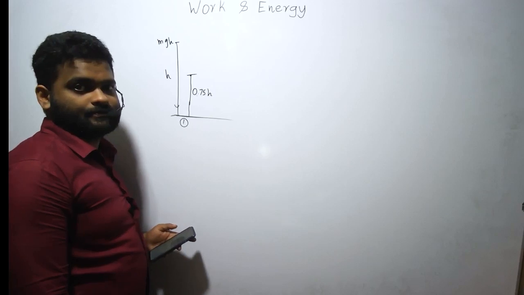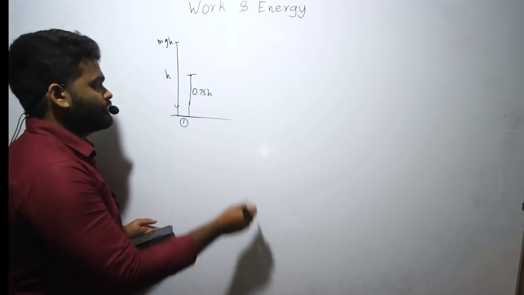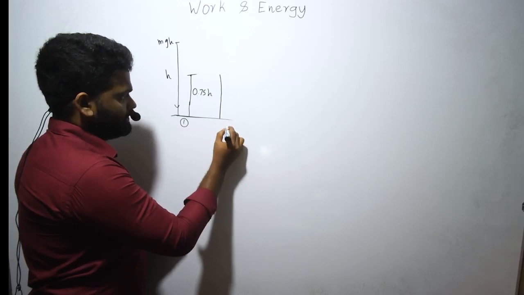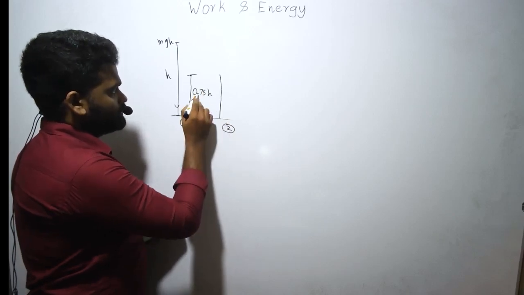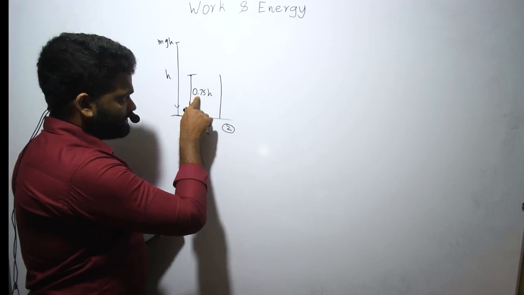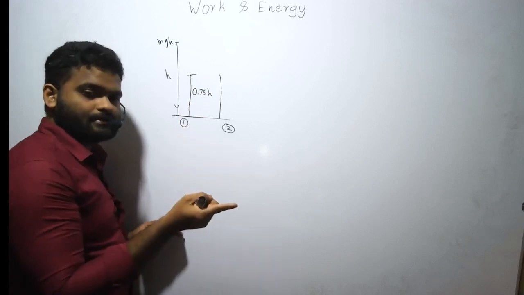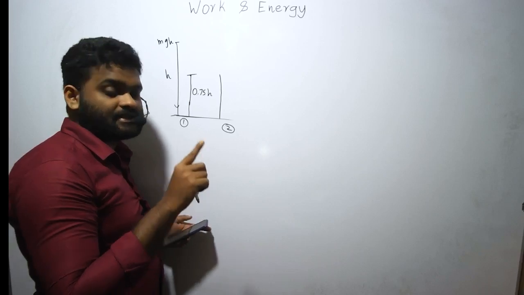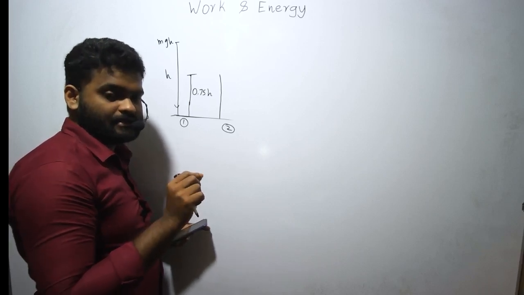Okay, then let's consider the second hit on the ground. So now the ball is at 0.75 h. From 0.75 h, 25% is lost, 75% is remaining.